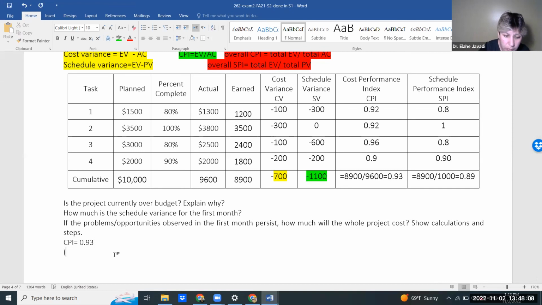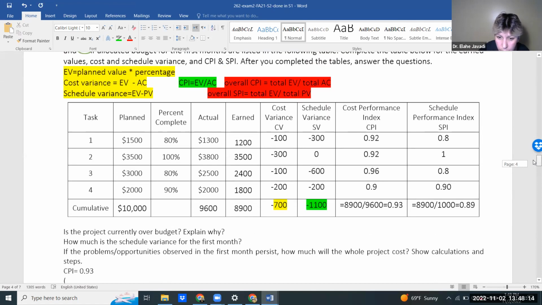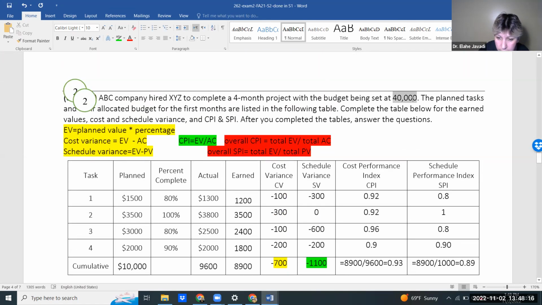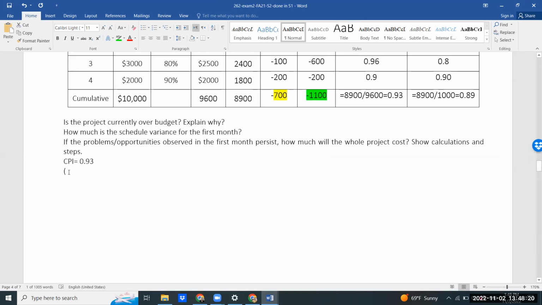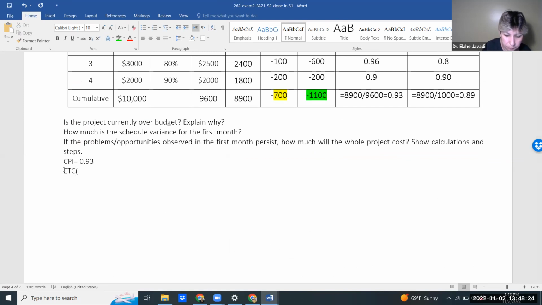So how much was the total amount of work to be completed? I'm on Benedict. Do you see that in the question? The total amount of work to be completed, how much was it for the project? 40,000. Exactly. And this is for ETC. 40K, how much has been completed so far, Lauren? How much work has been completed so far?